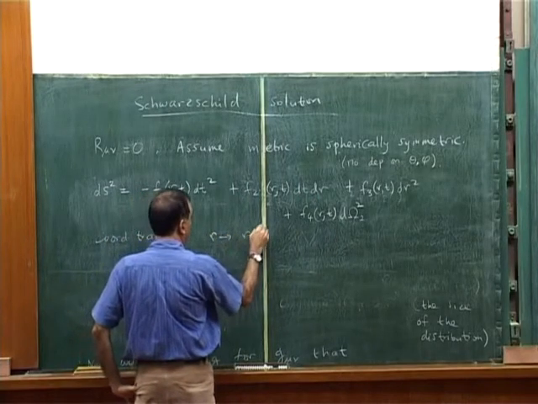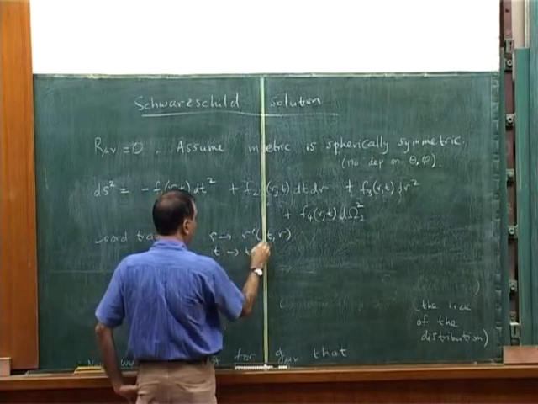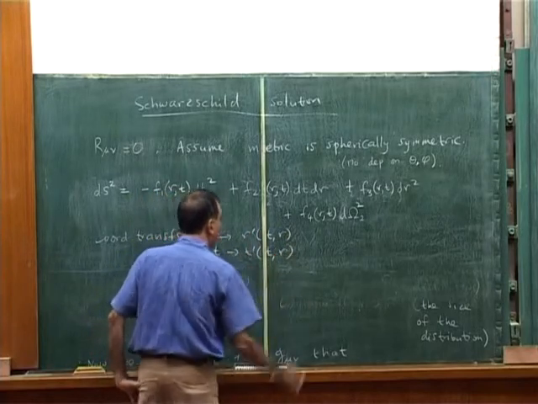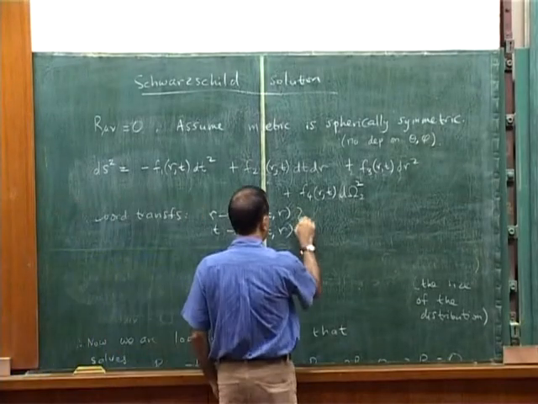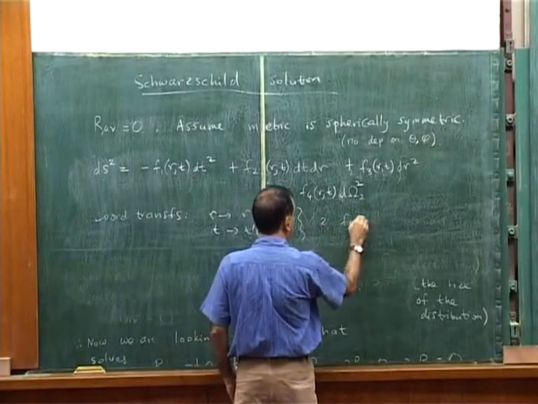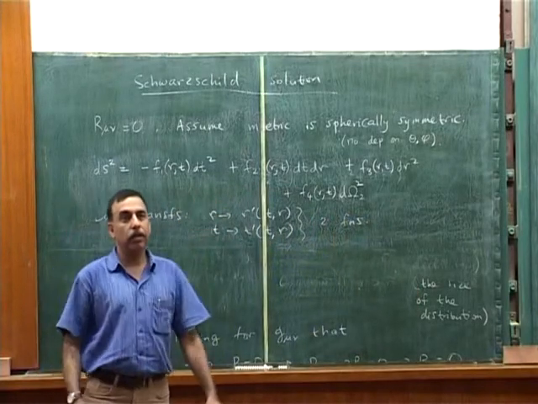r goes to r prime of t and r, and t goes to t prime of t and r. So these are two functions. Here we have four functions of t and r.